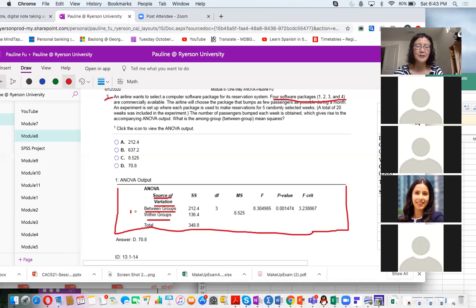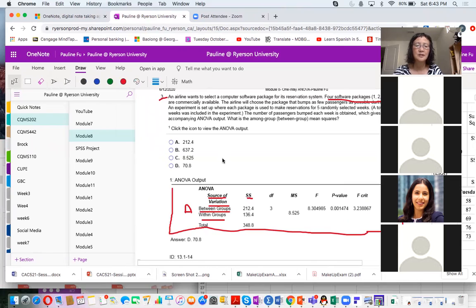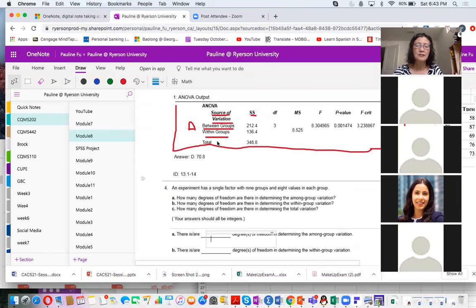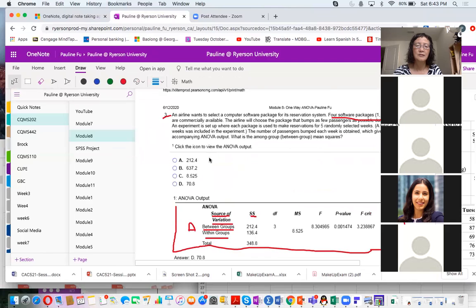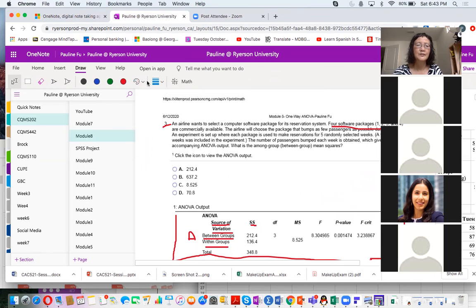Among groups, okay. And this SS stands for sum of squares.